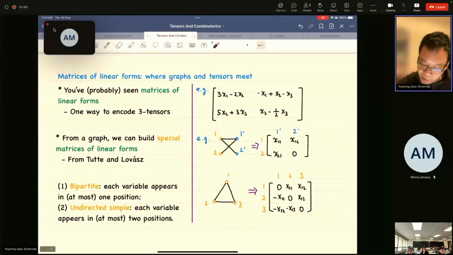And because there is no edge between 2 and 2 prime, you put 0 here. So this is a pretty naive construction where you put in a fresh variable or 0 depending on whether there is an edge in the corresponding position or not. So this is from bipartite graph to special matrix of linear forms.